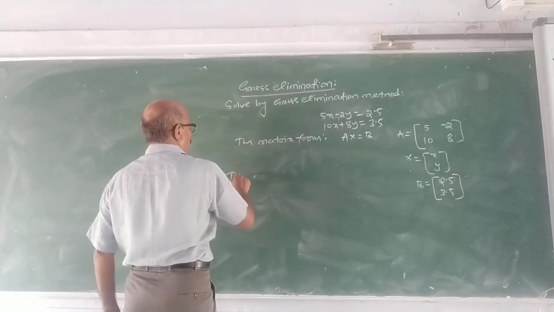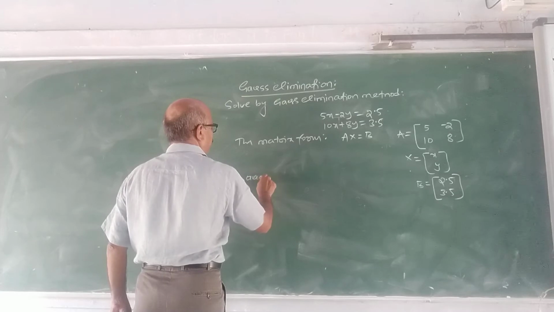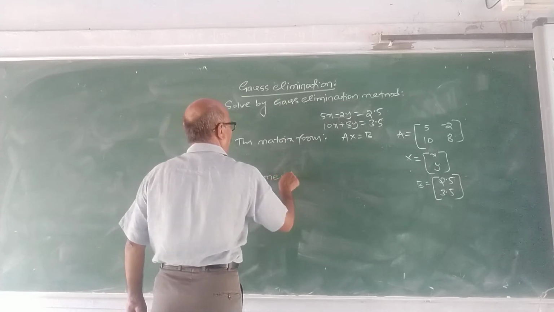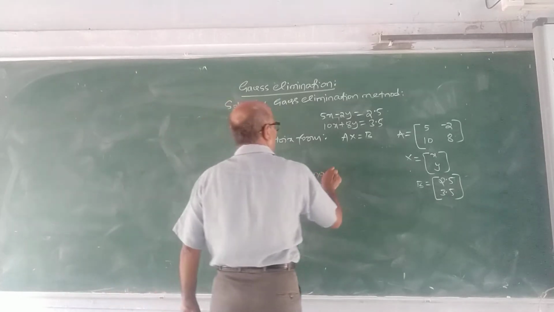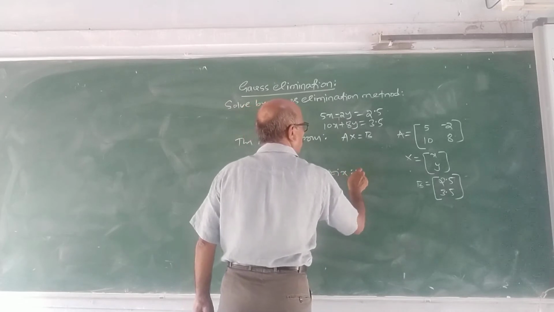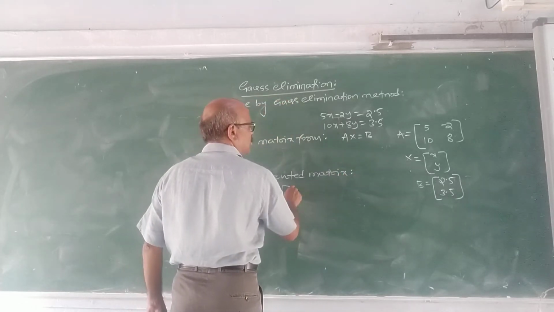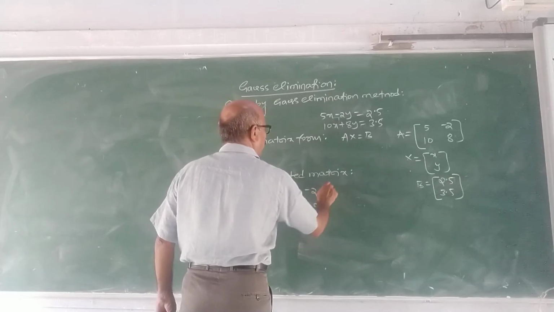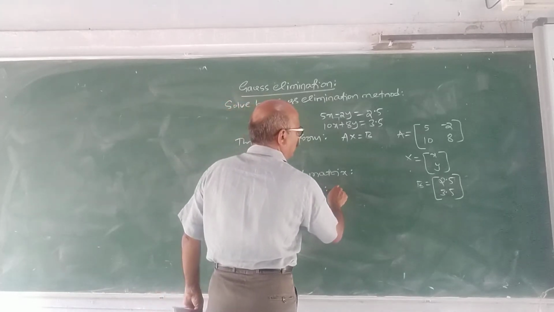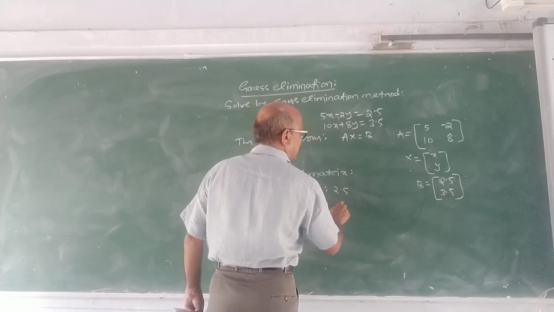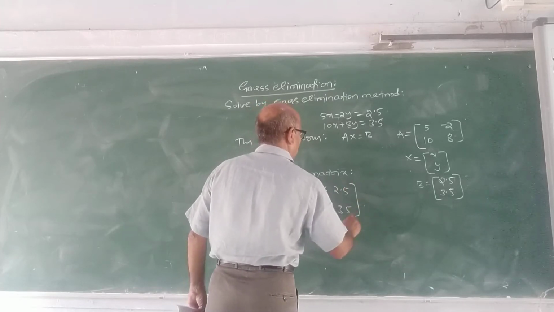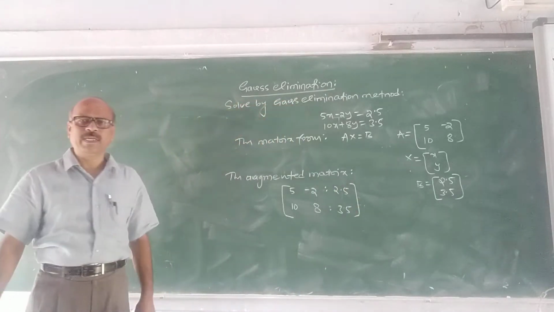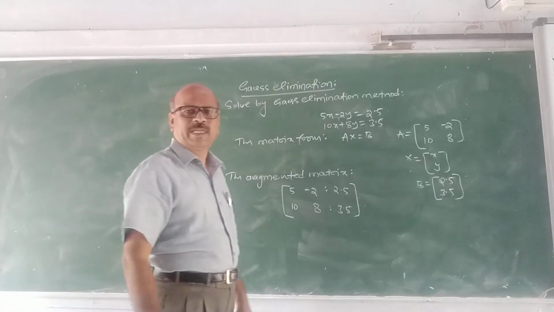Now the augmented matrix: what do you mean by augmented matrix? It consists of the coefficient matrix, 5, minus 2, 10, 8, with one additional column that consists of the constants 2.5, 3.5.